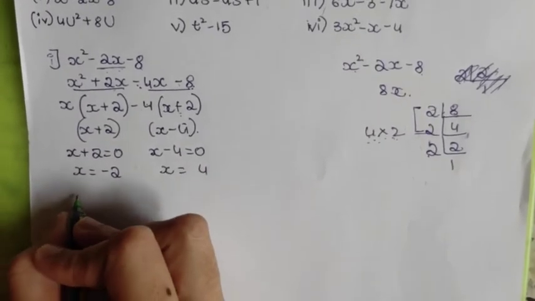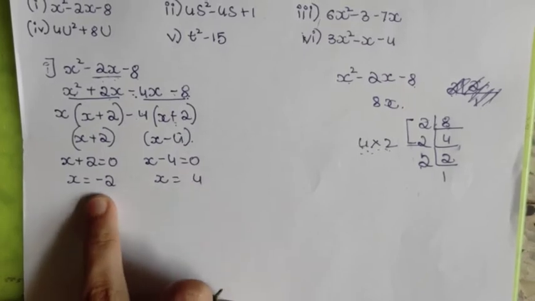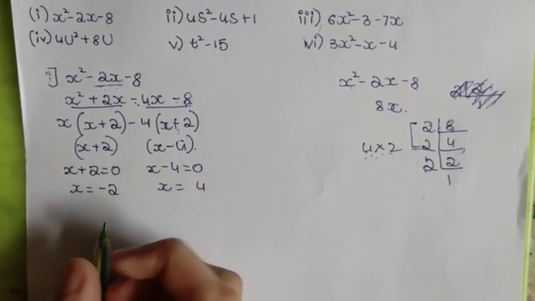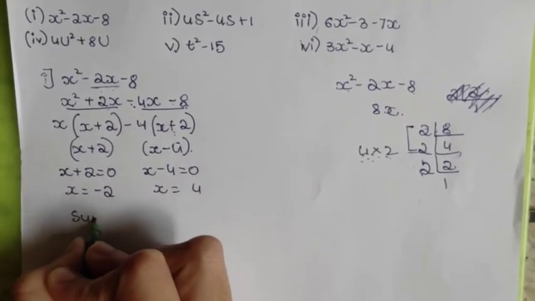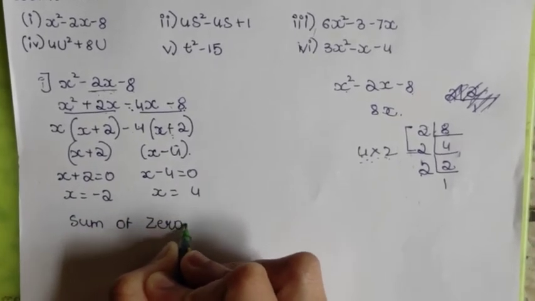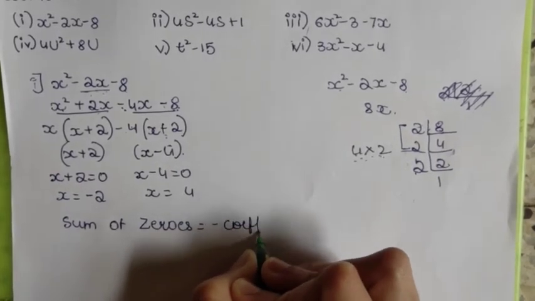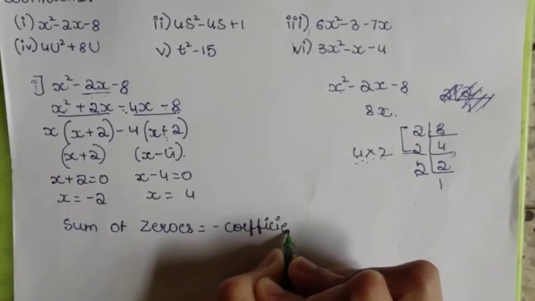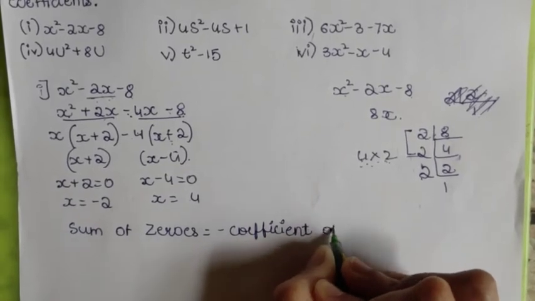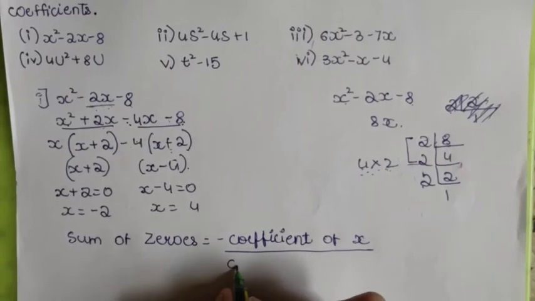First is the sum of zeros. The zeros are minus 2 and 4, and the sum means when we add these numbers, so I'll write 4 plus minus 2. The formula is minus coefficient of x by coefficient of x square.